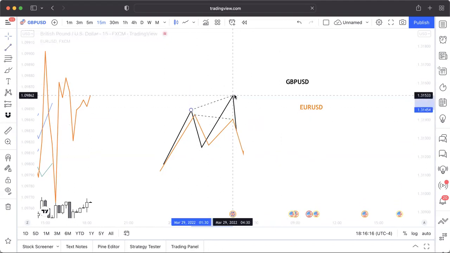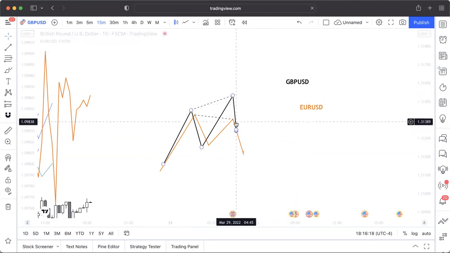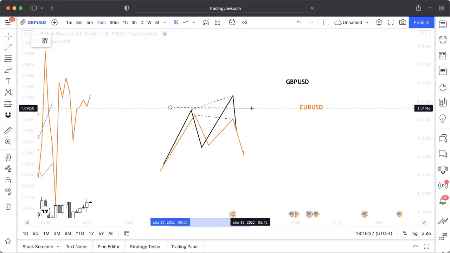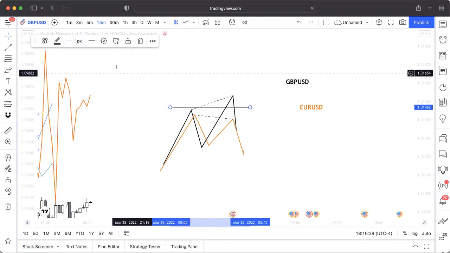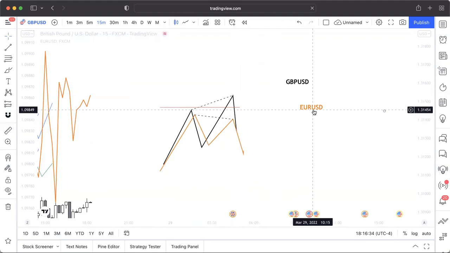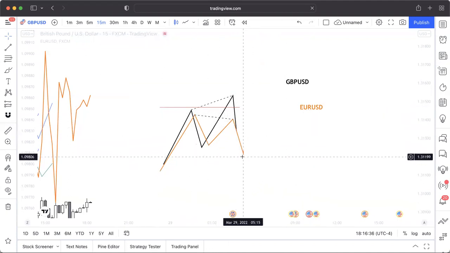And what does this mean to you? The reason why this could be pretty significant is that you could confirm that GBP USD was possibly only a liquidity sweep in the market. So this might only be a liquidity sweep, and Euro USD is pushing down.